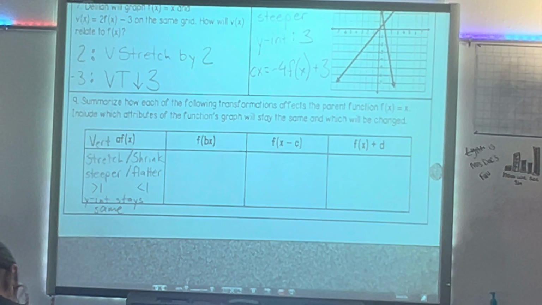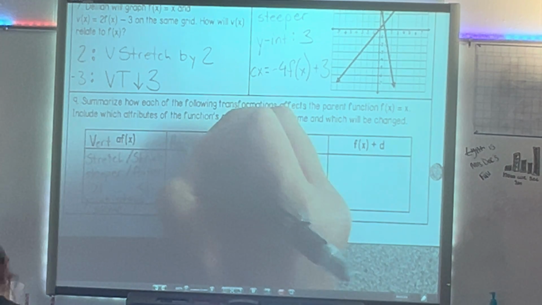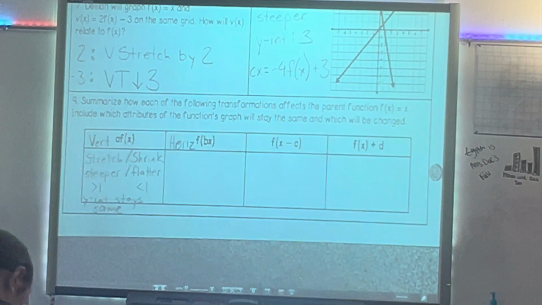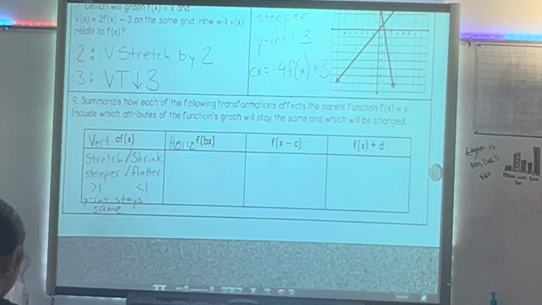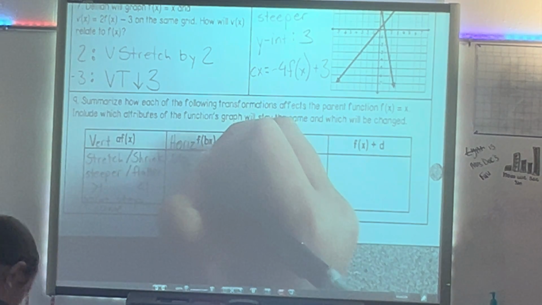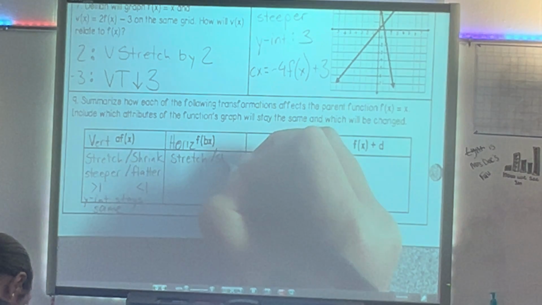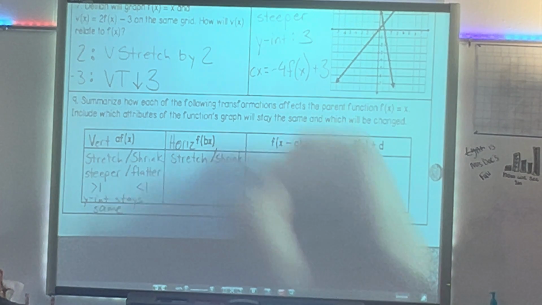Alright, if I have f of bx, then the multiplication is taking place inside. That's horizontal. So then that also gives me a stretch or a shrink. It still does that. It's just horizontal instead of vertical. All good?